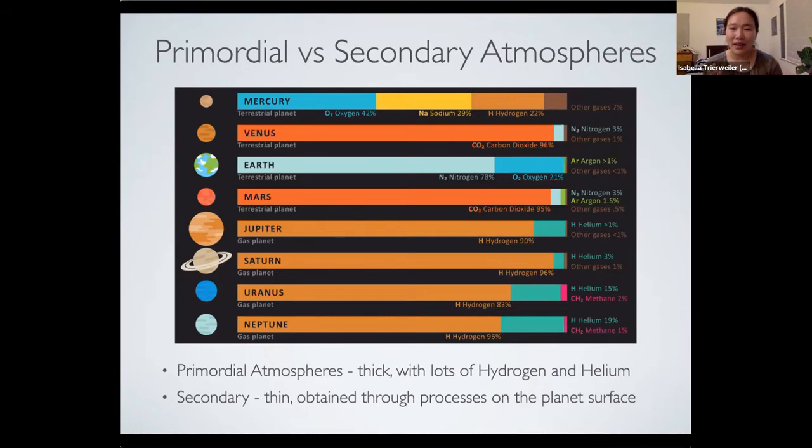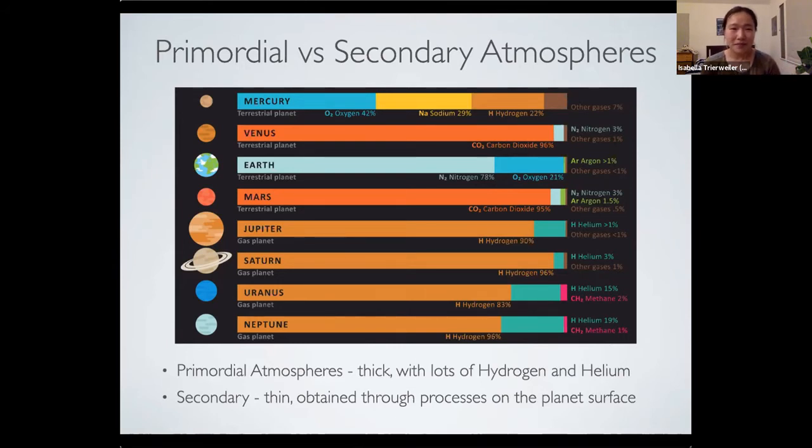And instead they have these secondary atmospheres. So thinner atmospheres, you usually get these through processes on the planet's surface, like volcanoes. If something comes and collides with the planet, it can leave behind a lot of gas that can go in the atmosphere as well. So our inner four planets got rid of those primordial atmospheres and now have their secondary ones.